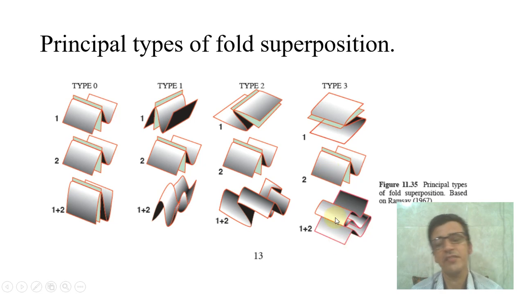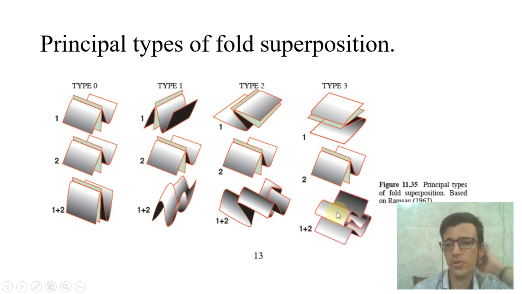Oh my god, sorry, I have a deep trouble with my mouse not working properly. I hope this problem is solved in the next presentation. Okay, so this is the principal type of fault, superposition.